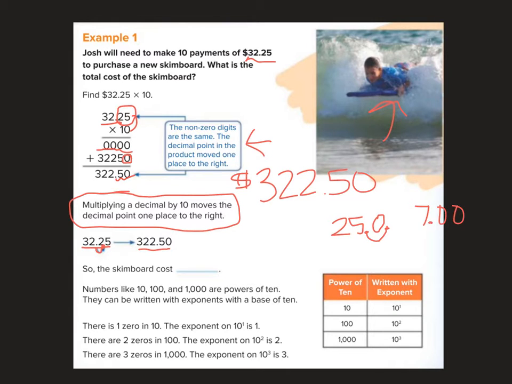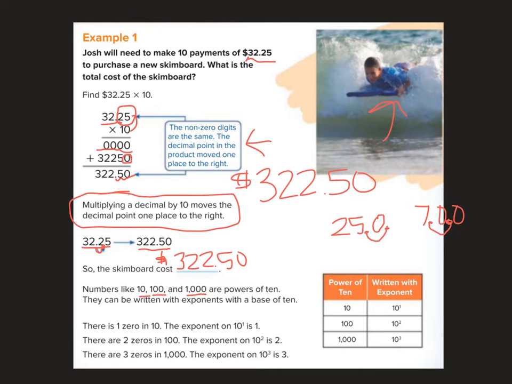So $7, move it one, multiply it by 10, and I get 70. So we've been doing this for a long time, moving it once. Maybe you just haven't quite made that connection. That's why we're practicing it today, so we can make that connection. $322.50.